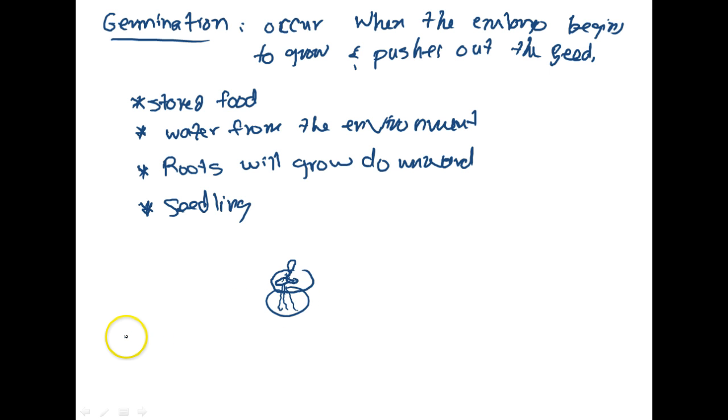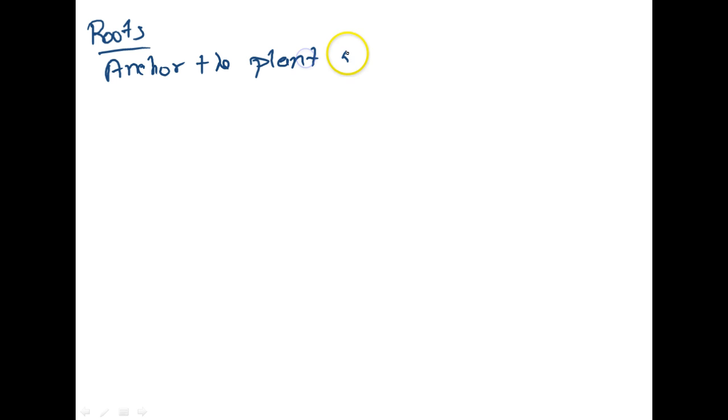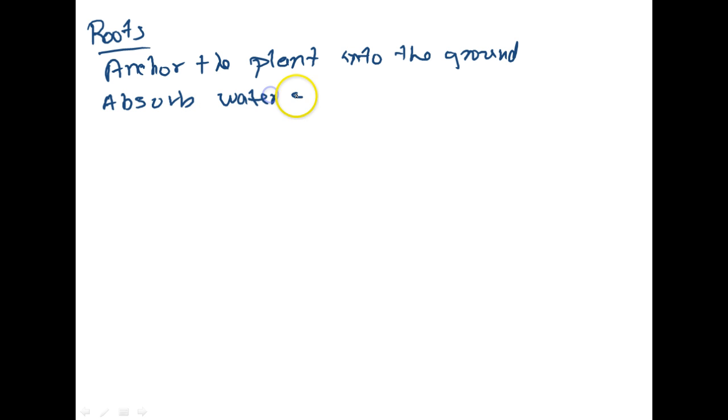Because roots are how the plant is going to get its water. Roots, looking at them, are used to anchor the plant into the ground, and they're also going to be used to absorb water and minerals, and also to store food.